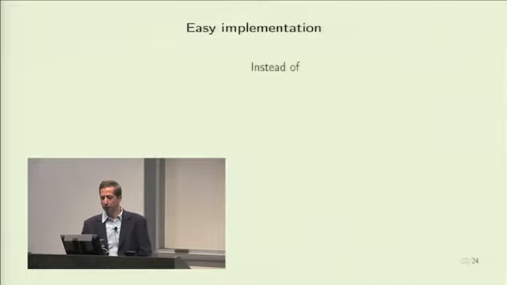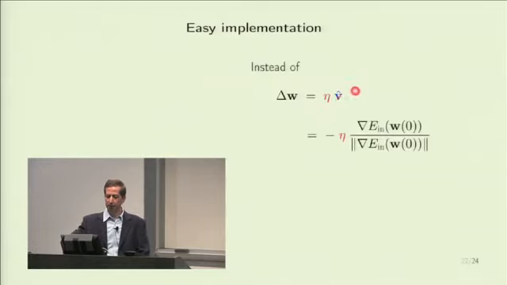Here's the direction, which will not change, and we multiply by eta, and this is the formula for it. This is what we have for fixed size. Now I'm going to make eta proportional to the size of the gradient, so it's bigger when the slope is bigger. That's very convenient because I have the size of the gradient sitting right there.